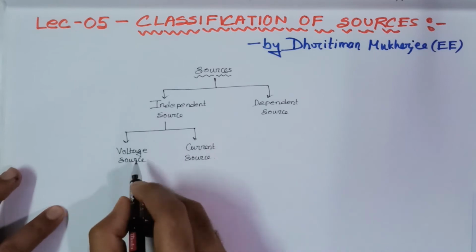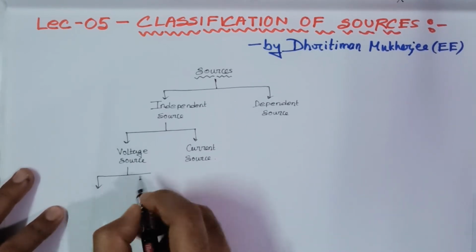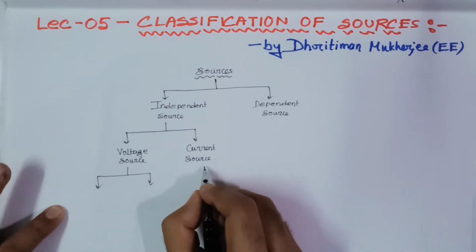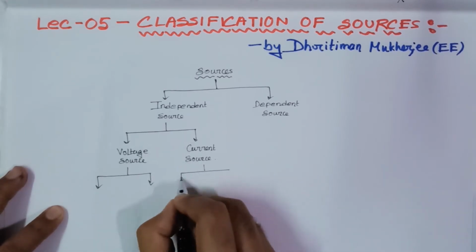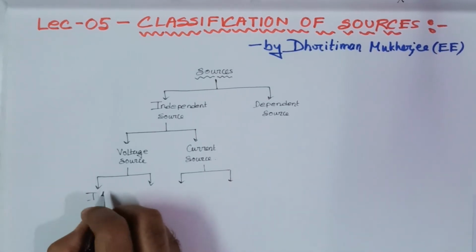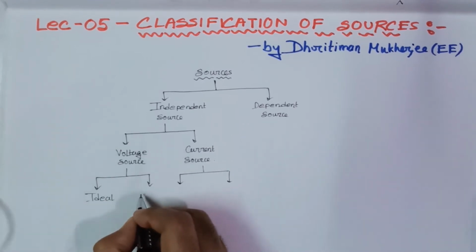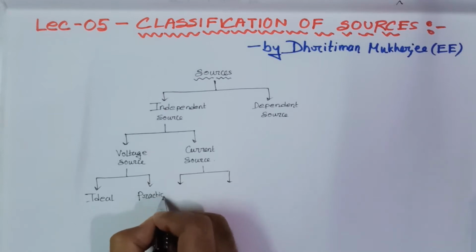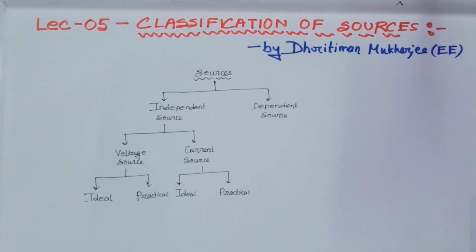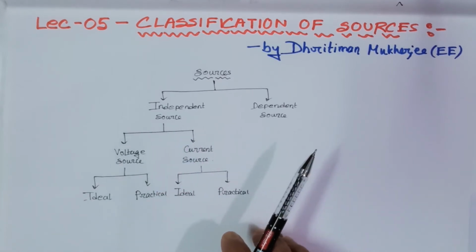Okay, and this voltage and current source can be classified again into two parts: ideal and practical. So these are the classifications of independent sources.